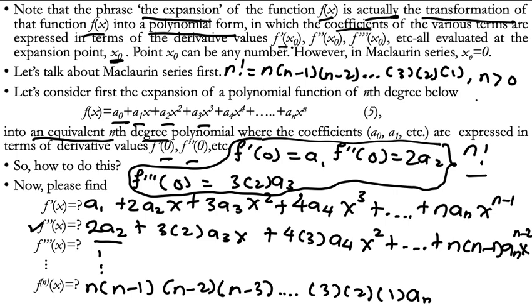So all of these that I have circled, f prime 0 equals a1, f double prime 0 equals 2a2, can be written this way. So a1 equals f prime 0 over 1 factorial. Why? Because 0 factorial is 1, not 1 factorial.